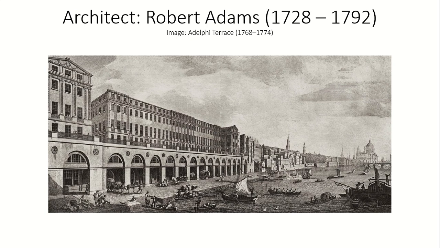Robert would take on the family business that was assigned profitable work from the Board of Ordnance after his father's death. His work would include, most notably in London, the Adelphi project with the Adelphi terraces, and the Admiralty Screen, and Kedleston Hall.